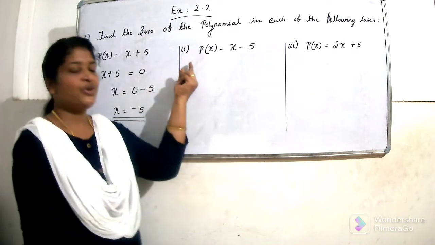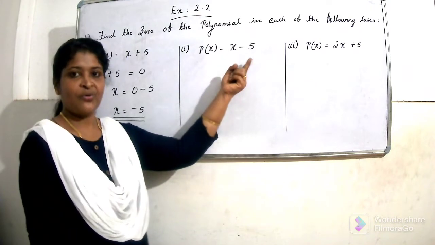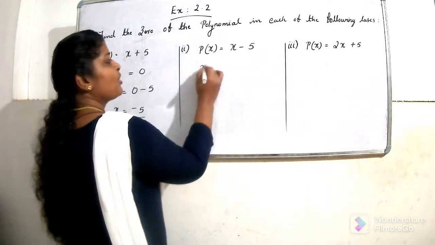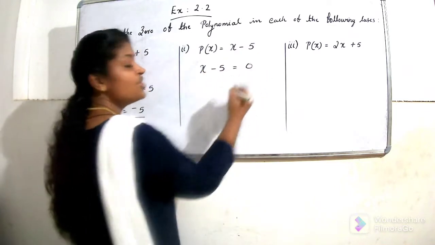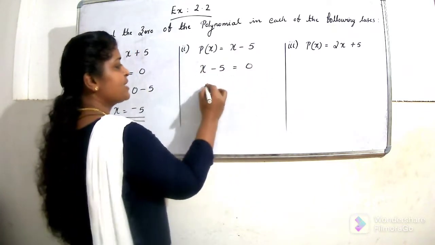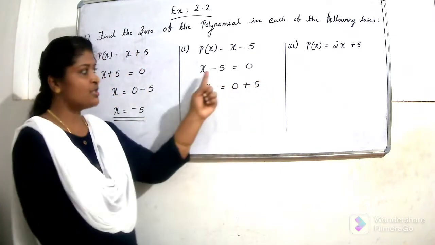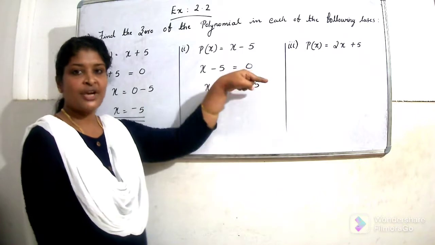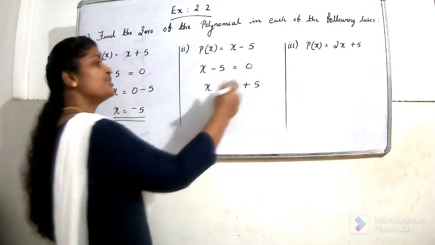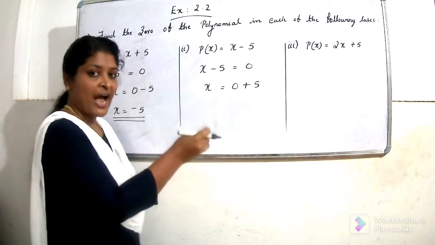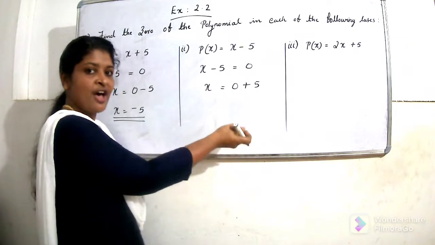So question number 2 here, p of x equal to x minus 5. The first step, the polynomial that we have to write, equate to 0 and find the value of x. x equal to 0 plus 5, because this minus 5 on the other side of the equality sign will change, so plus 5. 0 plus 5, any number if we are adding or subtracting along with 0, the number itself is the answer.